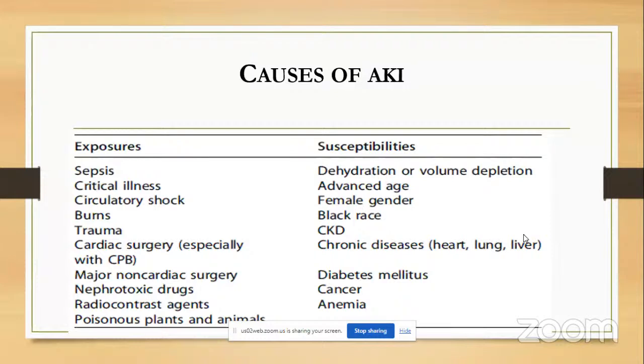And the most common cause of AKI in the hospitalized patients is the contrast-induced kidney injury. Then there are certain susceptibilities of AKI, like dehydration or volume depletion, advanced age, female gender, black race, chronic kidney diseases, diabetes mellitus, cancer, anemia.